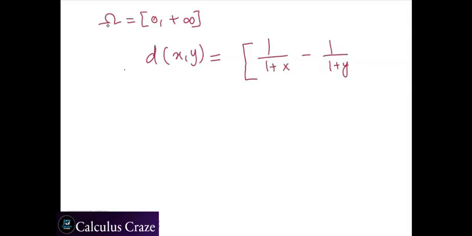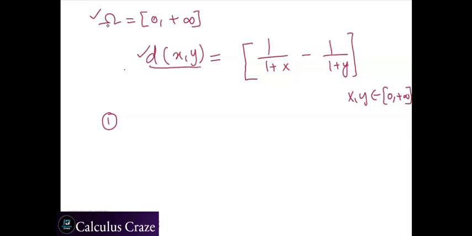And the distance or the metric is defined by 1 upon 1 plus x minus 1 upon 1 plus y for all x, y inside this 0 to plus infinity. Now your task is to show that this is indeed a metric space.